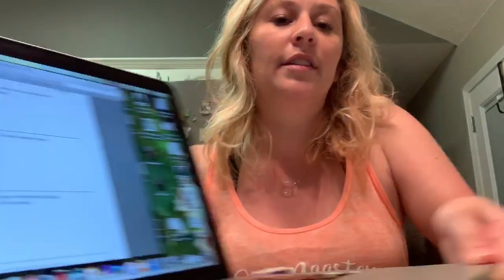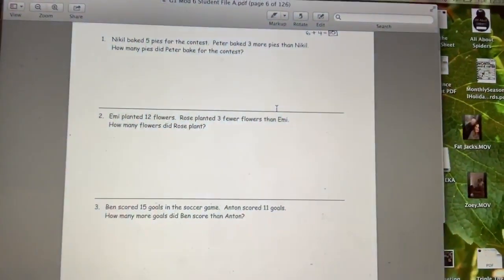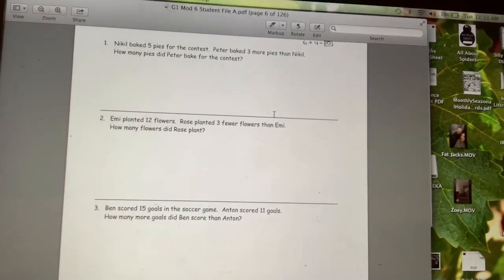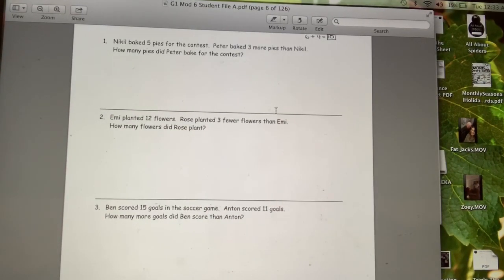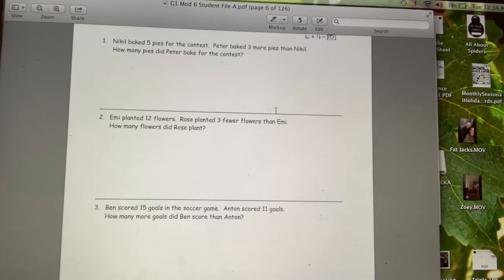Okay, let's try this one out. Pay attention to the words, the vocabulary words. Here's our story. Emmy planted 12 flowers. Rose planted 3 fewer flowers than Emmy. How many flowers did Rose plant?